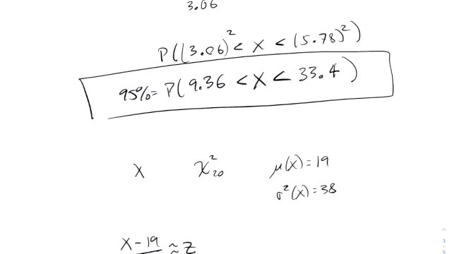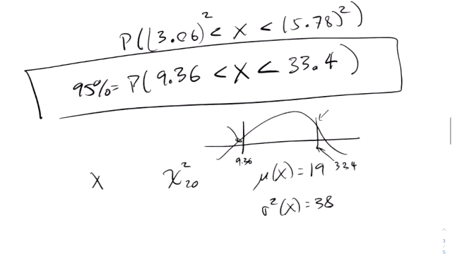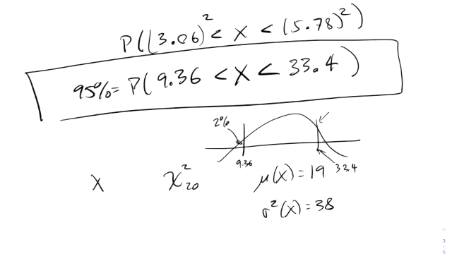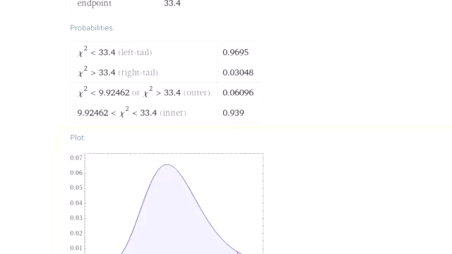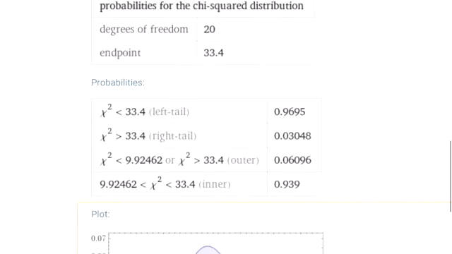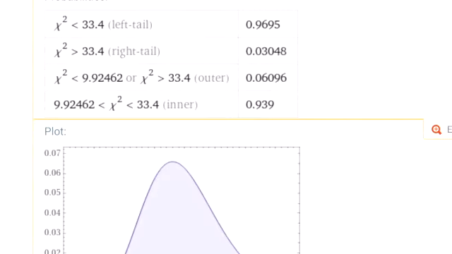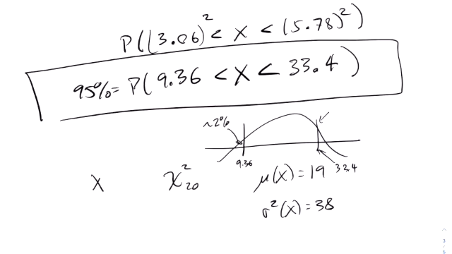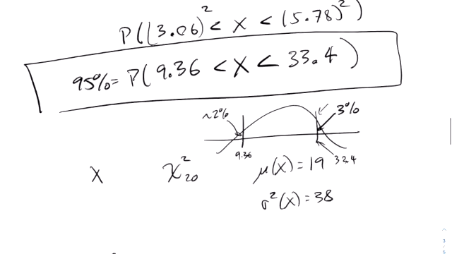So if we have a picture of our distribution, which is very ugly, but let's pretend this is 9.36, and here is going to be 33.4. Then we get about 2% over here. And we see that on the right for this distribution, we have another reasonable little chunk there. We get on our right tail about 3%, which again accounts for a total of 5%, but you see it's much more evenly distributed.